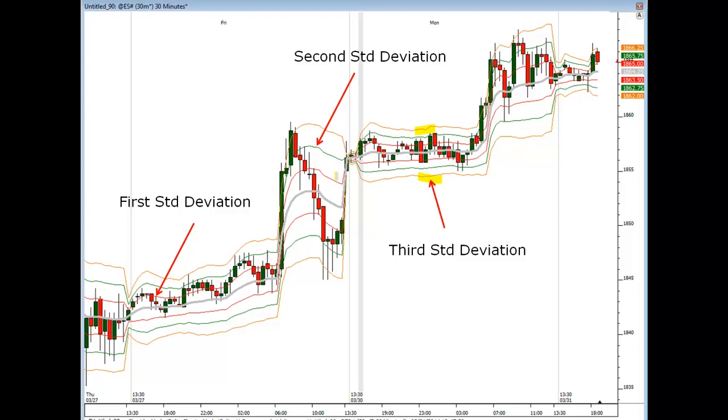Now notice how each day the shape and the look of the VWAP is very different, because of different volatility, different levels of activity, different ranges. As the range begins to expand, so do the standard deviations. The one thing that you do see right away from this chart is that the VWAP has been on an upswing.